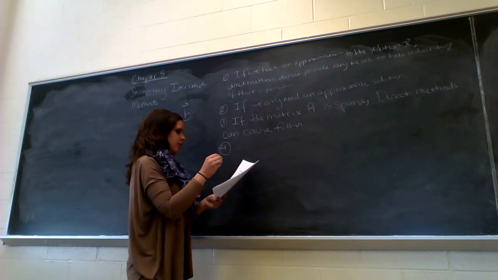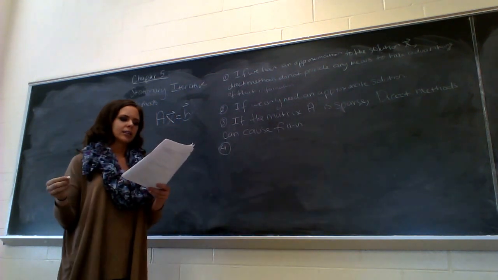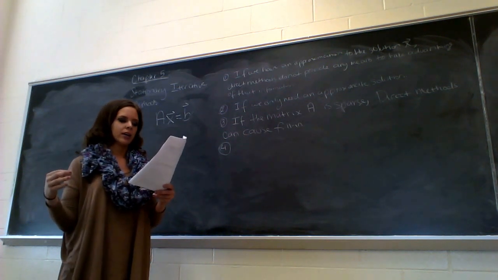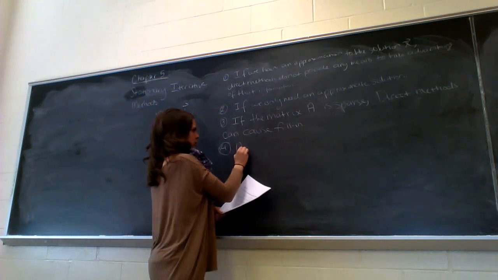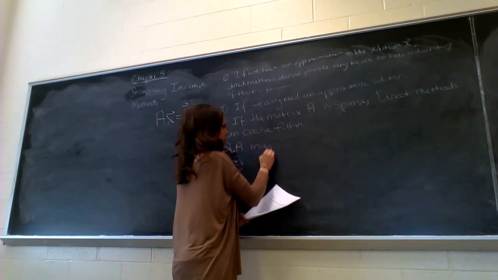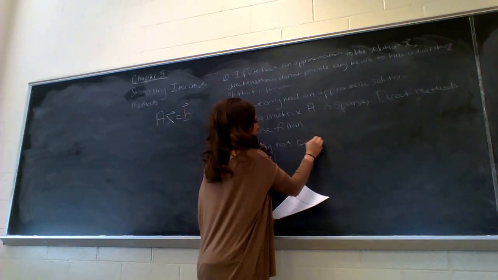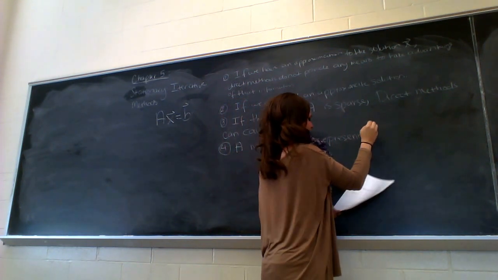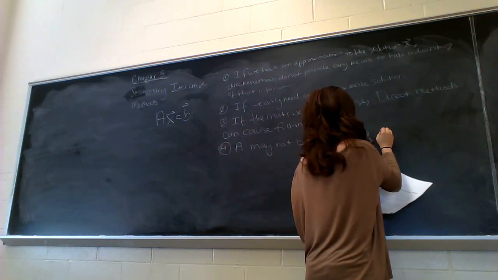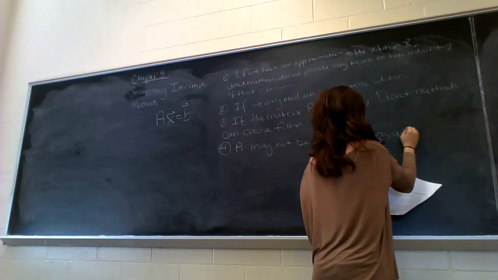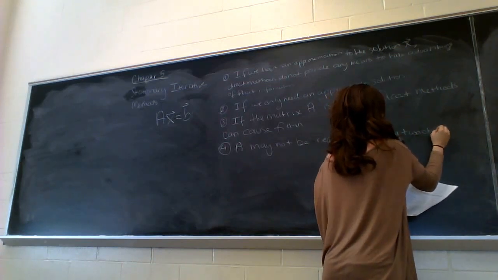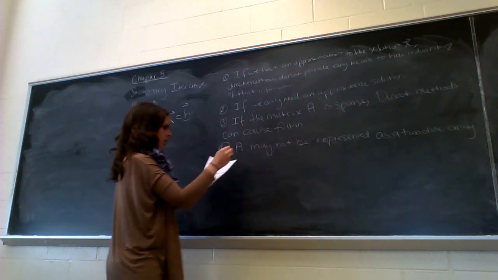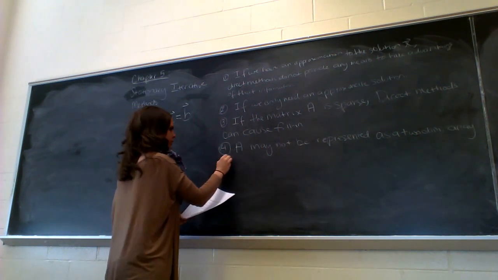And then lastly, in some cases, we may not even have a matrix for A. A may not be represented as a two-dimensional array or a set of vectors.